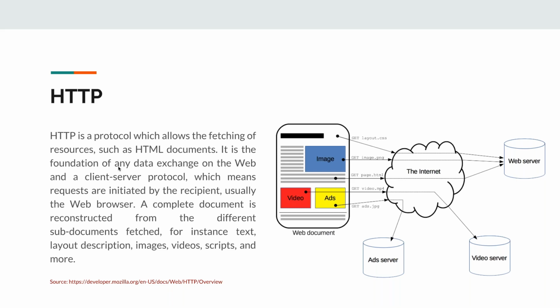So mind you, the internet is not just one big massive computer sitting somewhere where everybody is receiving information from. The internet is just a network of computers connected to each other all over the globe, millions and millions of computer systems connected to each other. So every time you open a website, you're essentially fetching a document. The website is the document. You're fetching that document from someone else's computer.